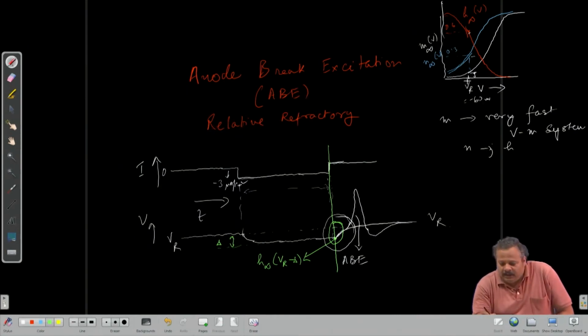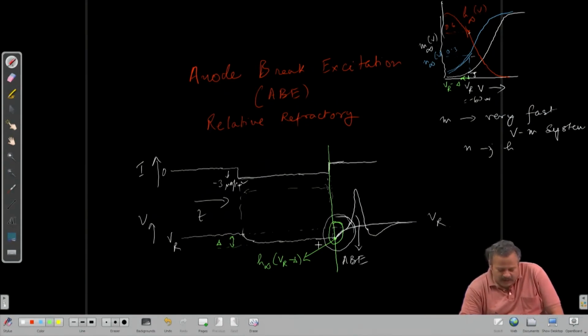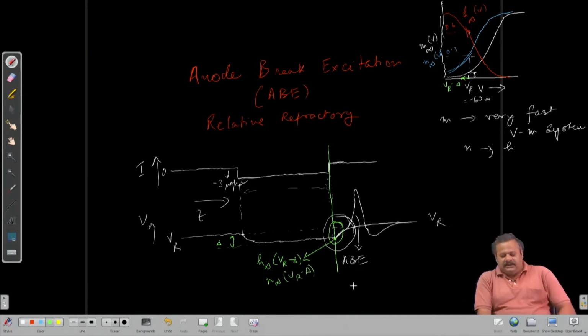If we consider the curve, we have moved the system down to Vr minus delta, and here n is at n infinity of Vr minus delta, the steady state value of h and n at that particular voltage.